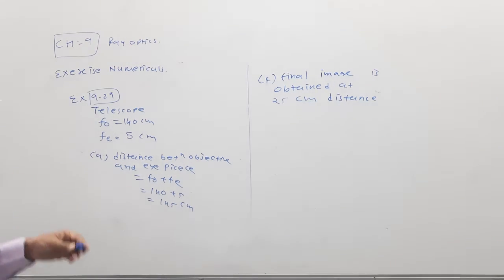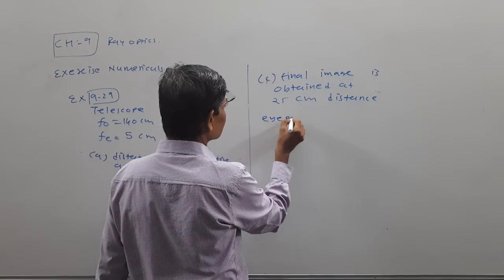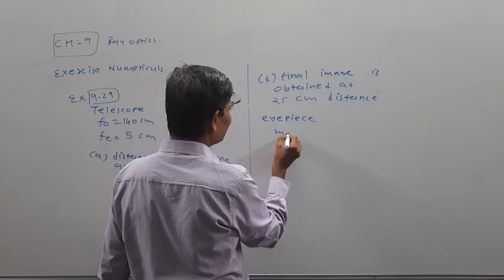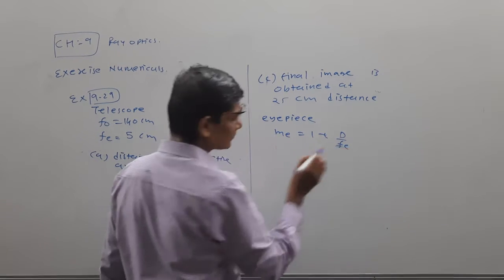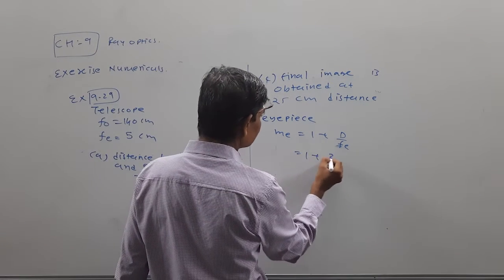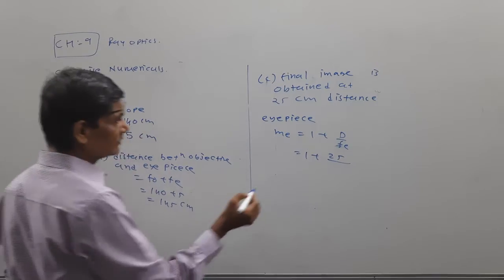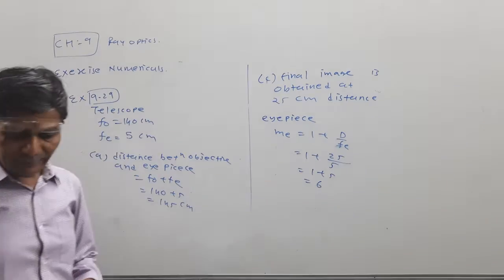Now see, this is a telescope. Just now we have used the formula for eyepiece magnification. M is 1 plus D by F. Now see, D is the near point, F is 5. So the magnification is this.